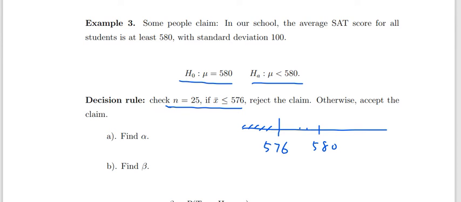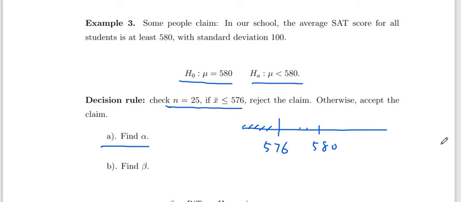We will believe the average is 580. Okay, once we set this decision making rule, we can find alpha. We discussed this problem before, so we leave this for you as a practice.